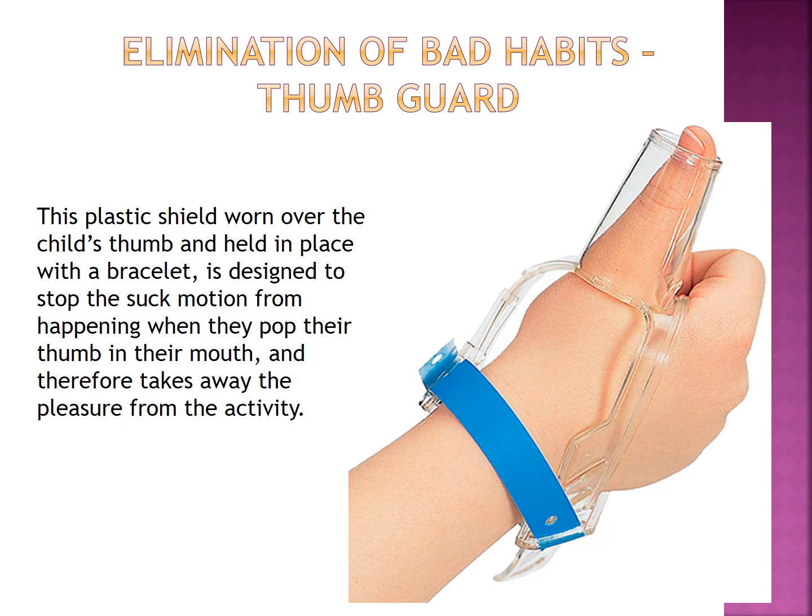We can recommend to parents a thumb guard. This device, this plastic shield worn over the child's thumb and held in place with a bracelet, is designed to stop the suck motion from happening when they pop their thumb in their mouth, and therefore takes away the pleasure from the activity.